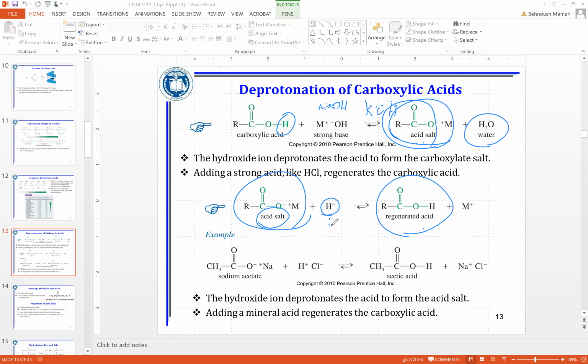But if you add HCl or concentrated HCl, it will precipitate. Because the weak acid reacting with the strong base gives you the salt. But when you have the salt plus a strong acid, the strong acid would take the metal ion from the strong base and leave the anion alone.